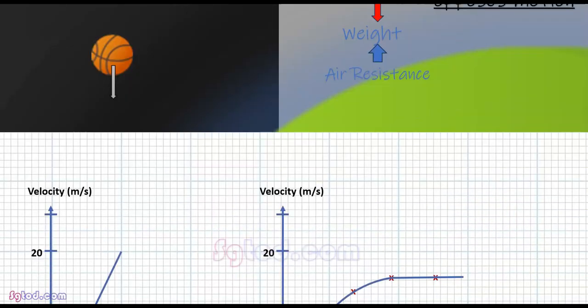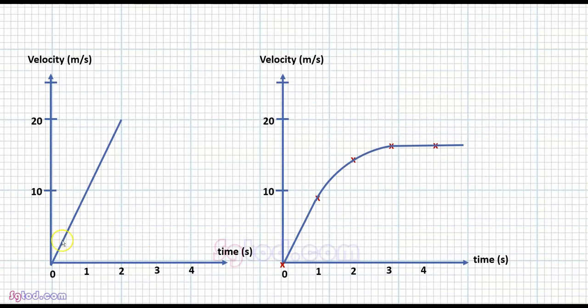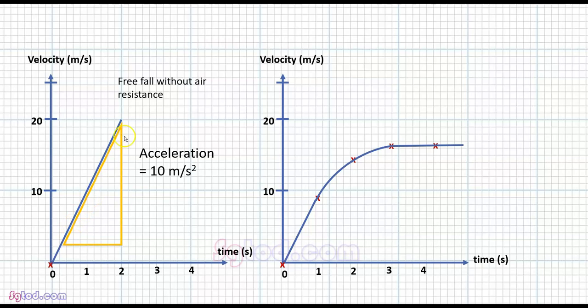So objects falling in vacuum will experience a constant acceleration of 10 meters per square second all the way. Whereas objects falling in the presence of air resistance will experience a situation of decreasing acceleration as the air resistance increases.